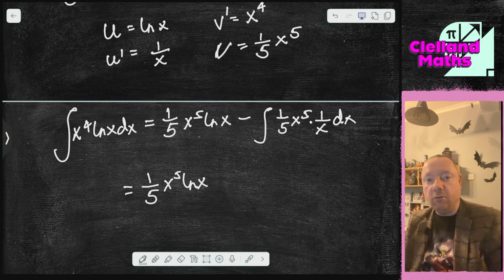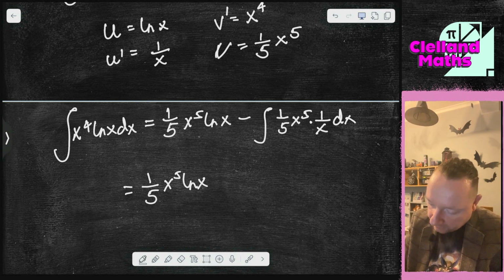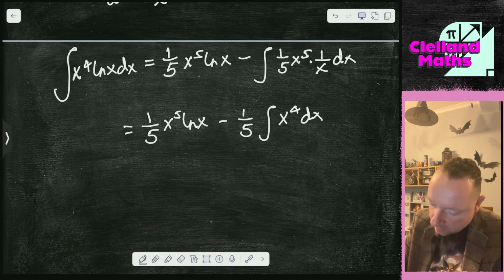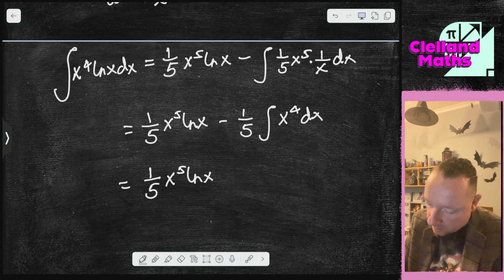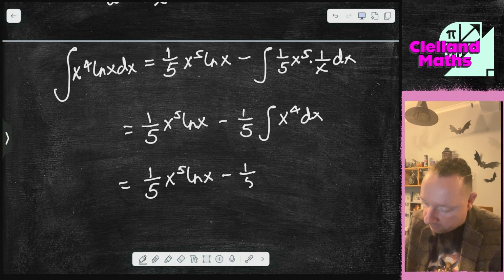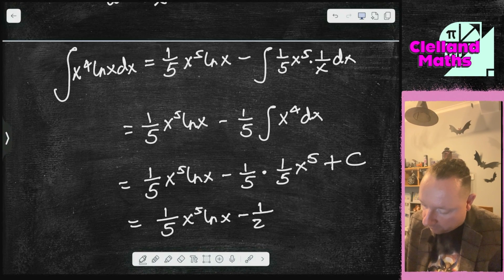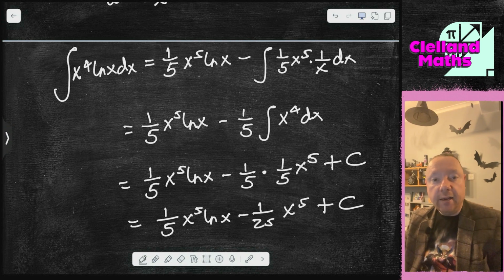There's also a plus c, but I'll just put that on at the end. Minus, I'll just take the 1/5 out to make it easier, x to the 4 dx. So that's 1/5 x to the 5 log x minus 1/5 times 1/5 x to the 5 plus c, which is 1/5 x to the 5 log x minus 1/25 x to the 5 plus c. And I think we'll be done there.